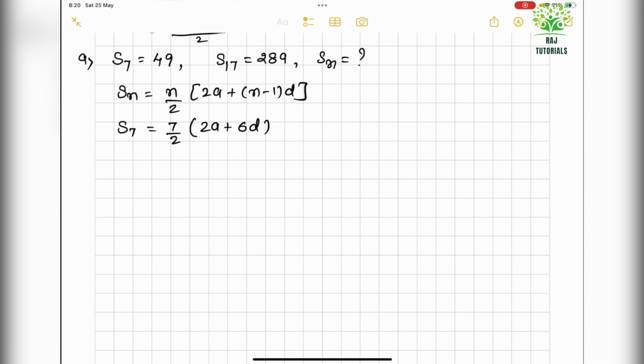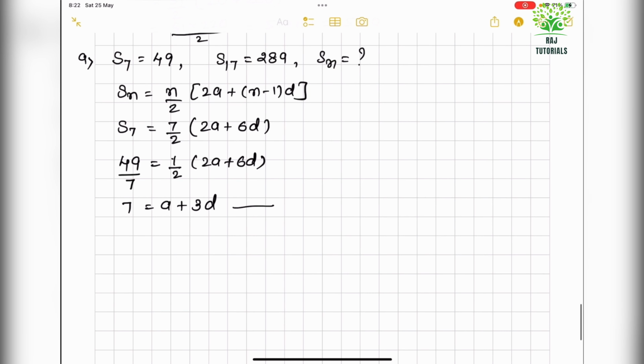So 49 equals that; I am bringing 7 to the LHS and multiplying 1 by 2 with this bracket. So I can say 7 equals a plus 3d. I have divided both the terms by 2. So this is my first equation.